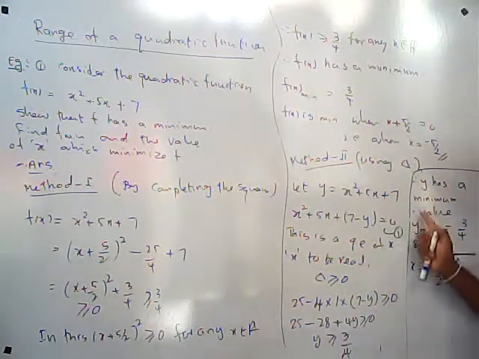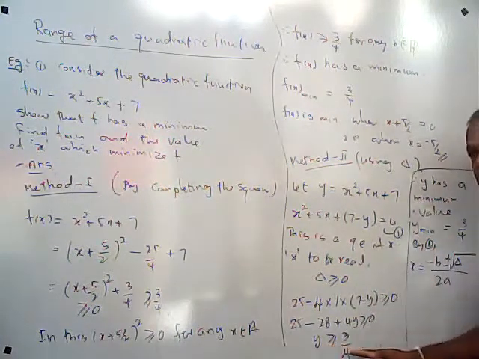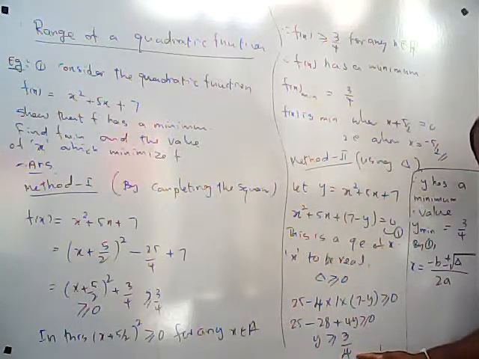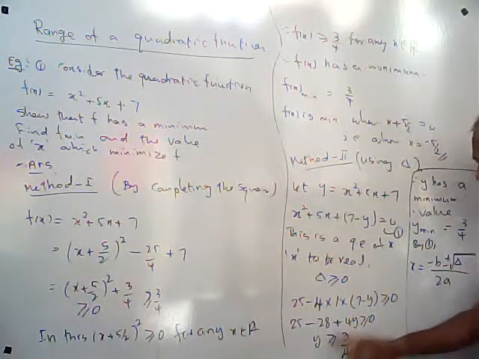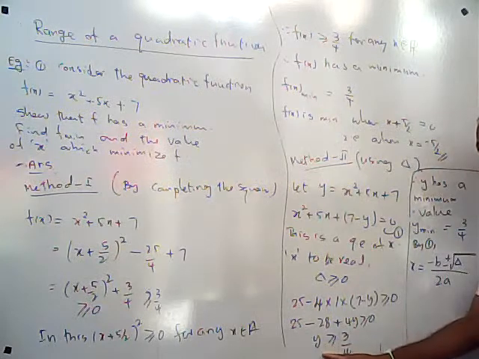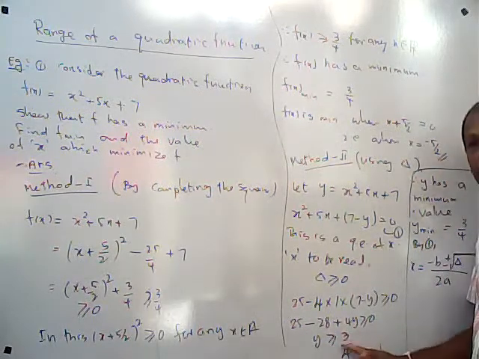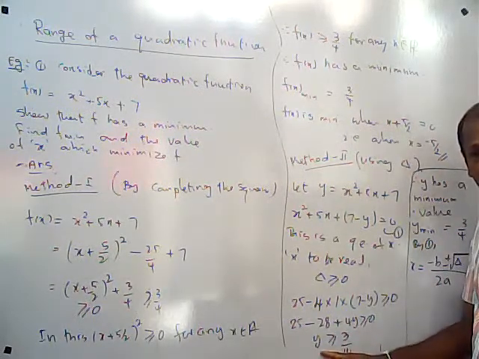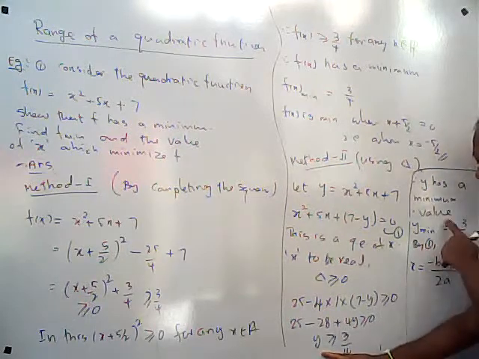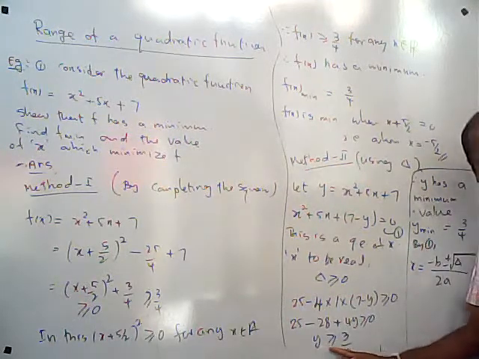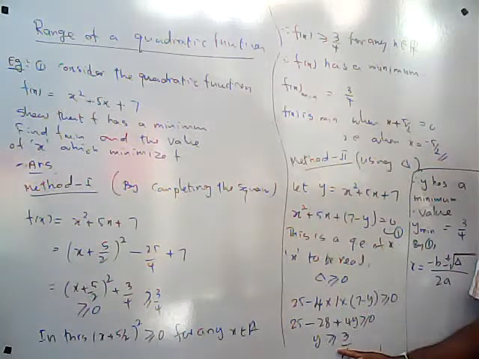Here y minimum is when it is equal to 3 over 4. If you substitute y equals 3 over 4, it is no more greater than or equal, but it will be just equal. For this particular value of y, it will be just equal, not greater than or equal, right?